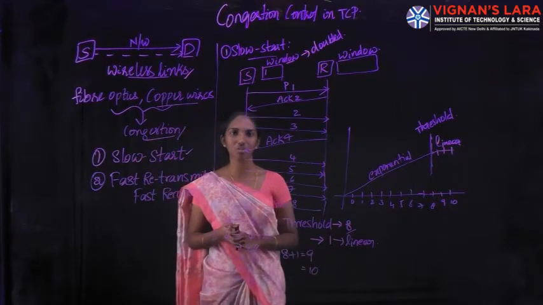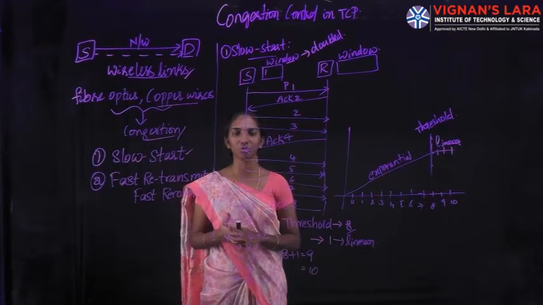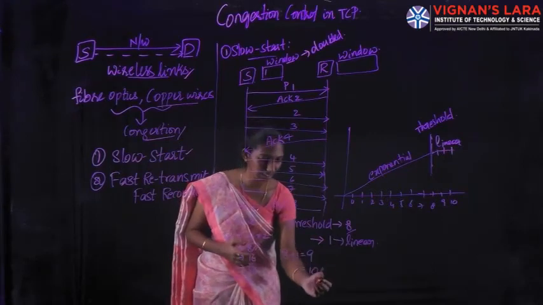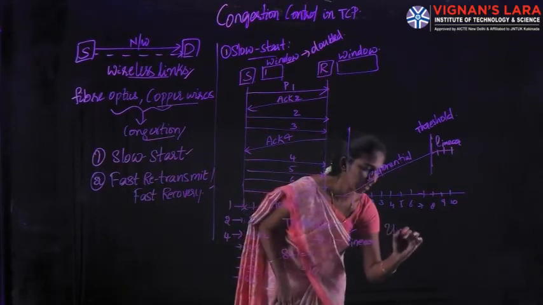If there is no successful transmission of data, what does the network need to do?